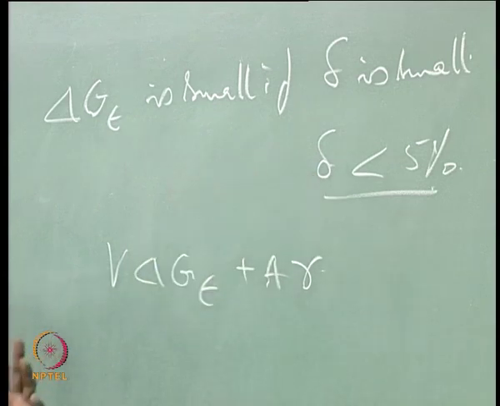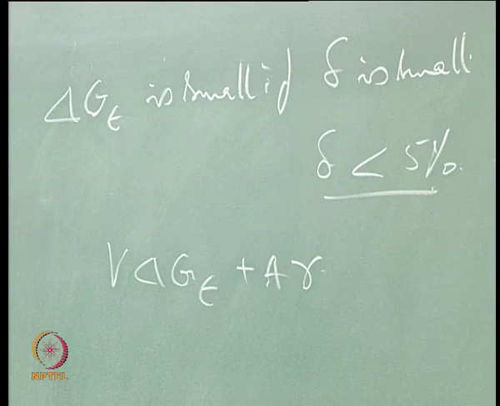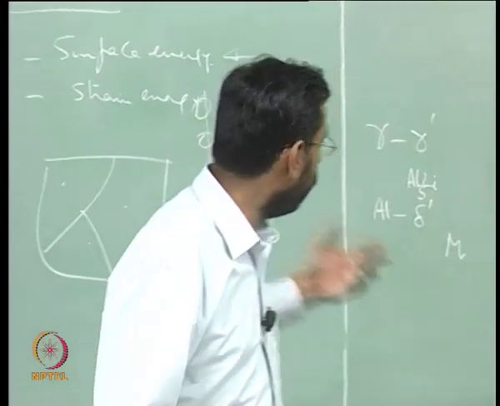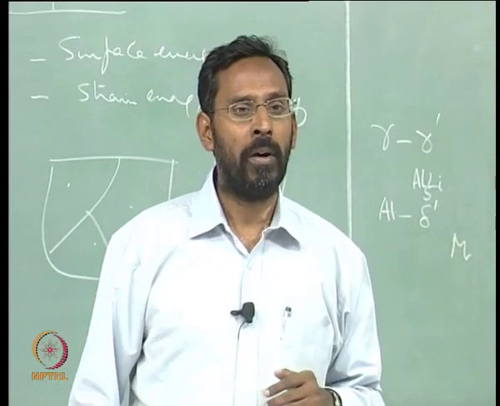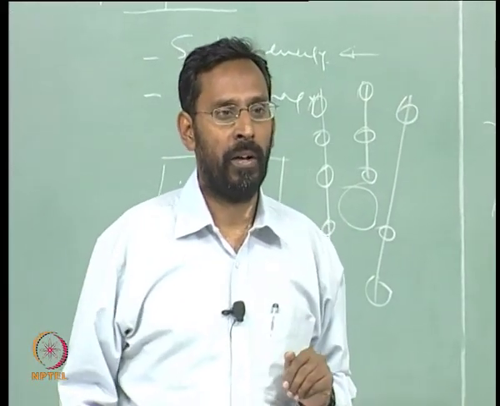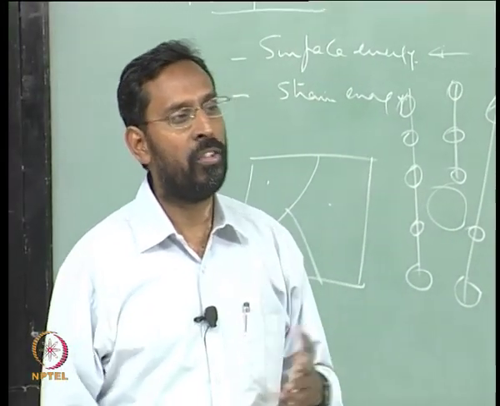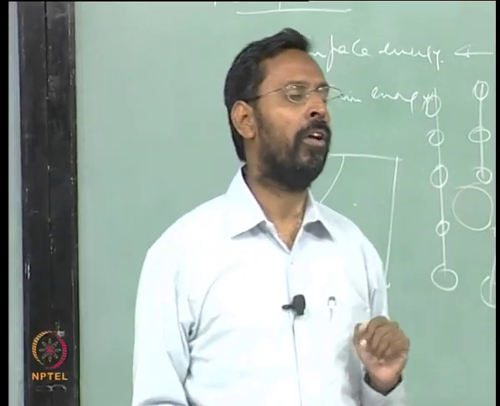When the delta is large, and even you will see that in some of the cases where the spherical precipitates come, when they grow to bigger sizes, you will not see these spherical precipitates maintaining their spherical nature.